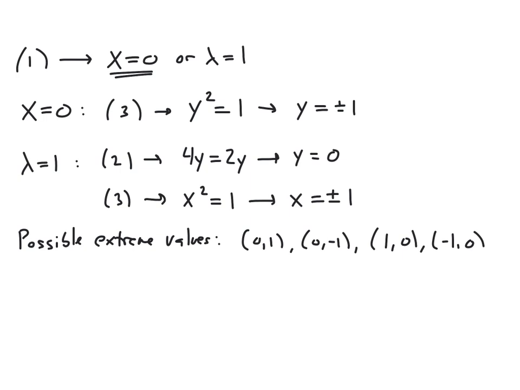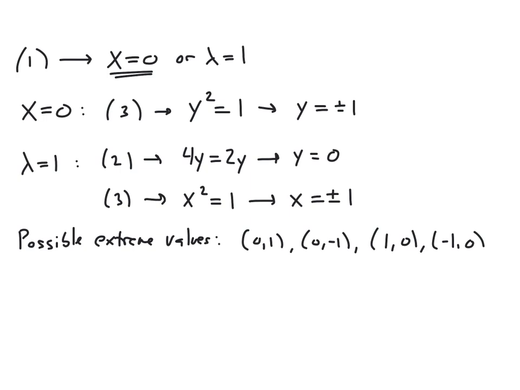And that's it. So we have four possible values for our extreme value of our function. And so one of these will be the global max, and one of these will be the global min. And in order to determine which is which, we're just going to check each of these by substituting the x and y coordinates into our function f.